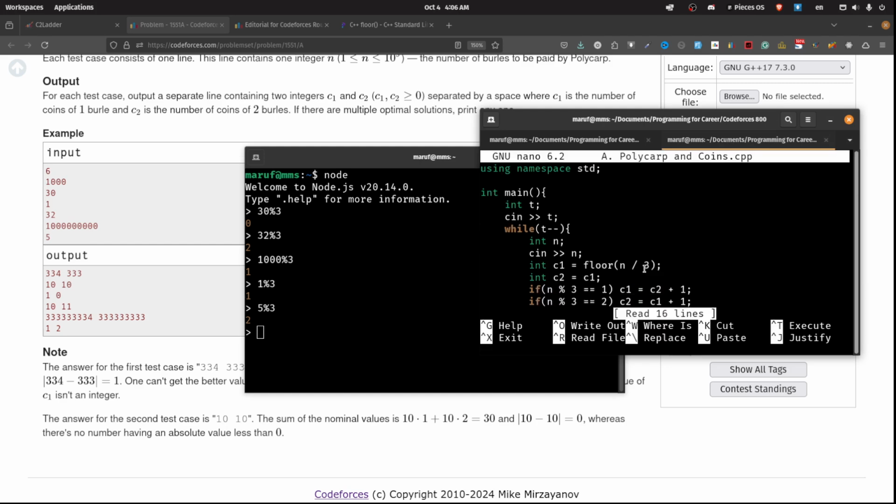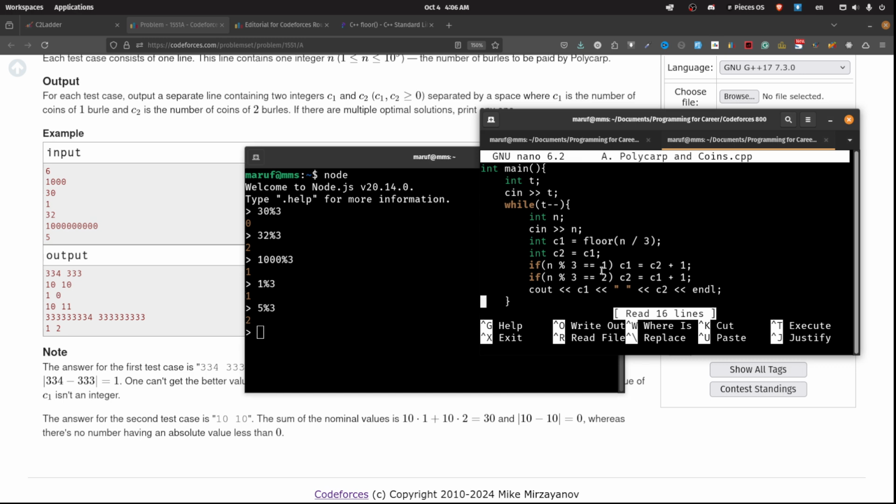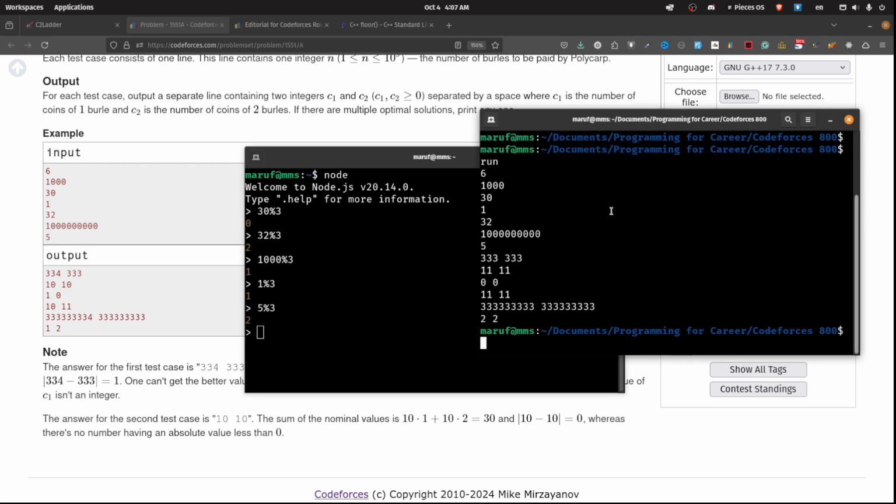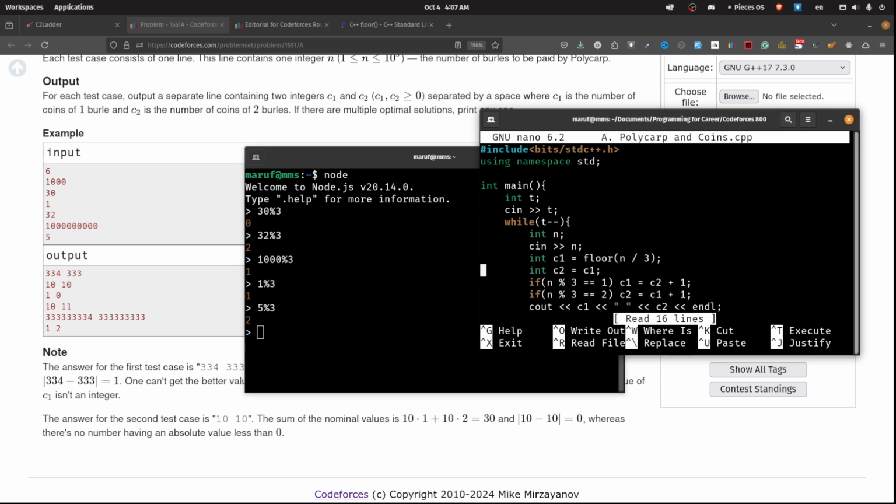If the value of n modulus 3 equal to 0, I think I don't need this actually. I think this is right until now.